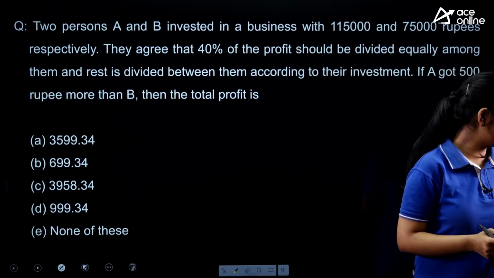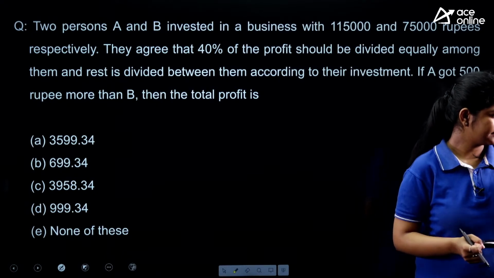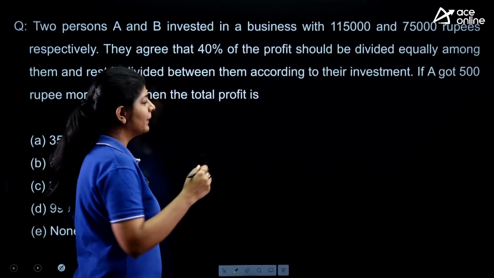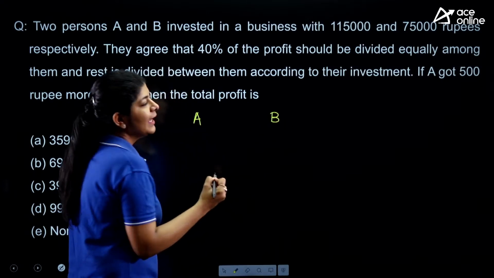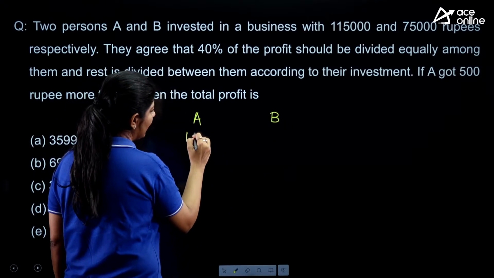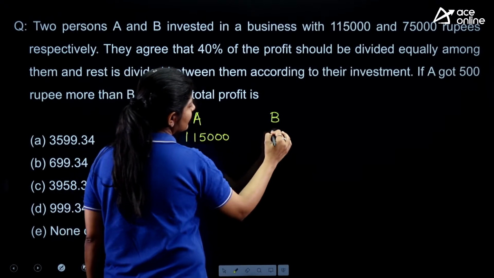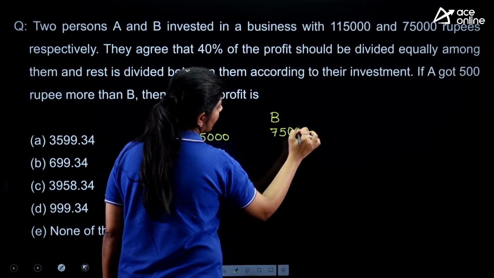It's a very simple one. Here, how many participants do we have? Two participants, A and B, right? A is investing an amount of 1,15,000 and B is investing 75,000, right?